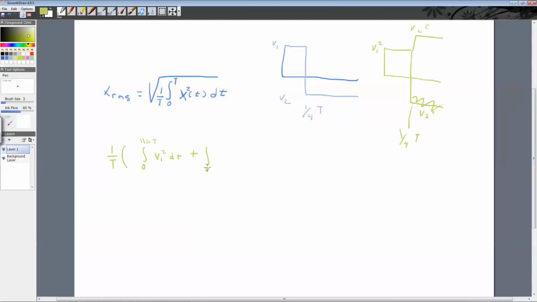And this would be from a quarter T to T, V2 squared dt. Now this part is easy. 0 to a quarter T, V1 squared.